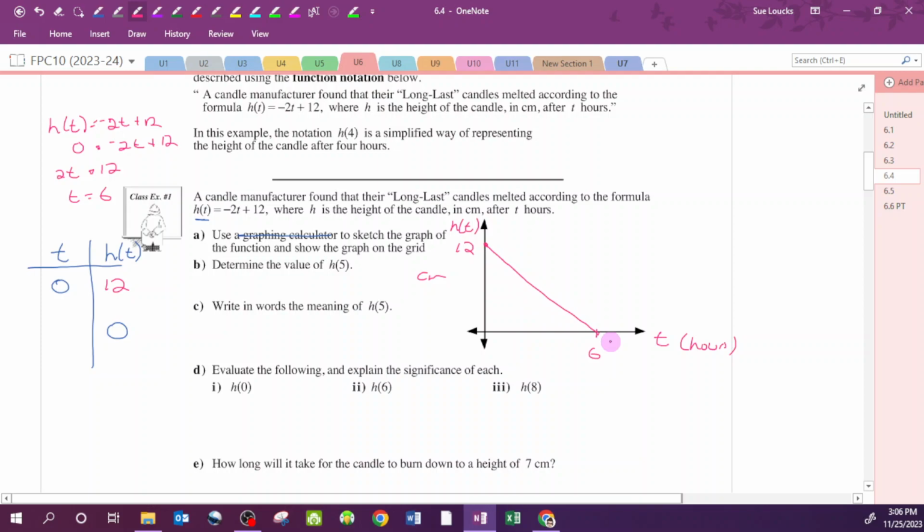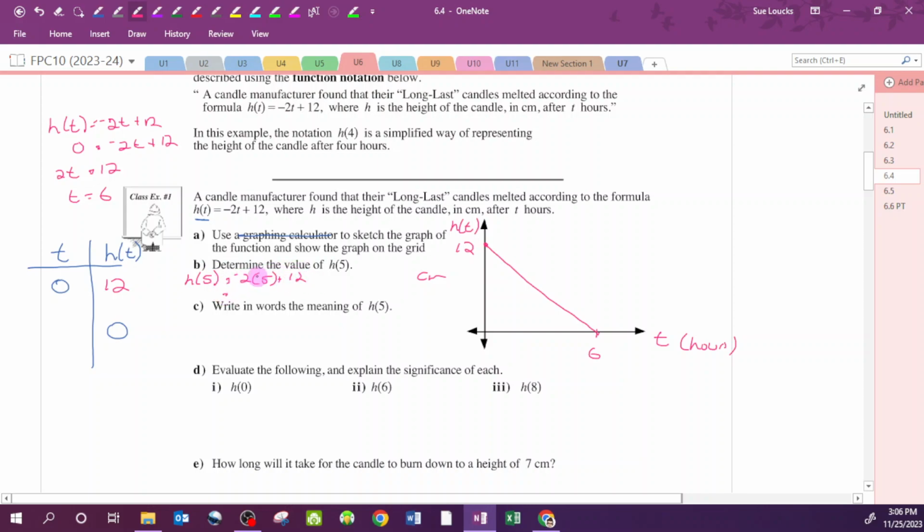And determine the value of h of 5. Well, if I had an actual graph with grids on it, I could read that off the graph, but I can't really do that off of this one because there's no grids provided. But I can use the formula. So h of 5 equals minus 2 times 5 plus 12.